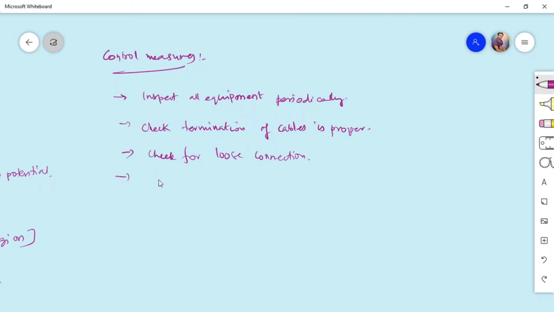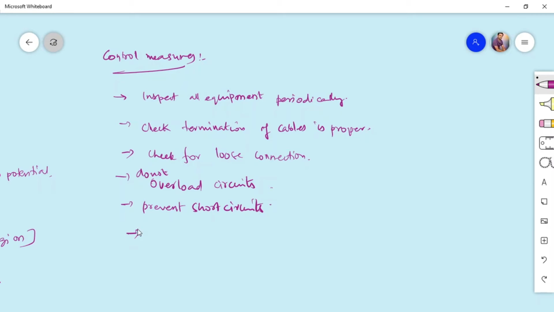Apart from loose connections, you should not overload circuits.